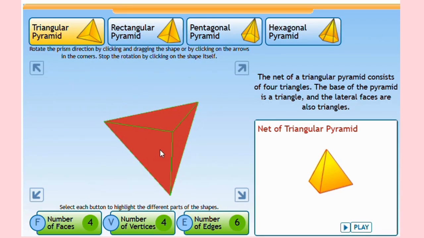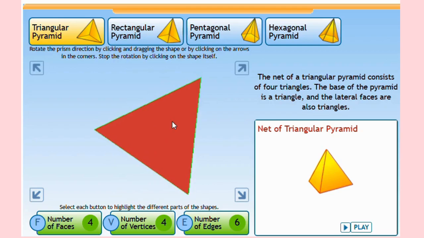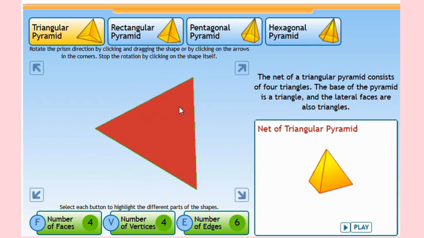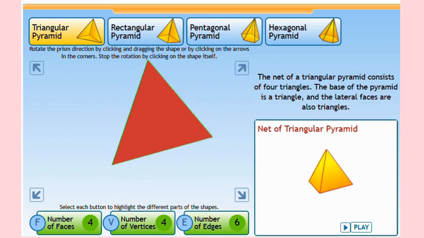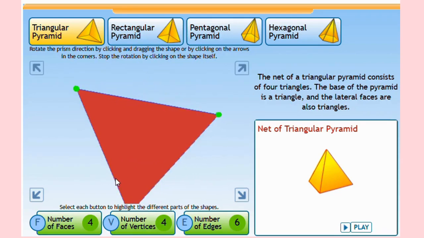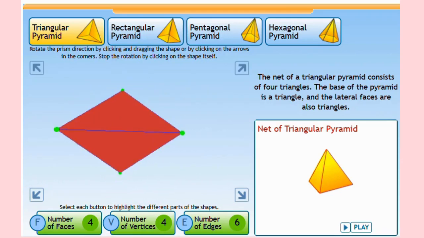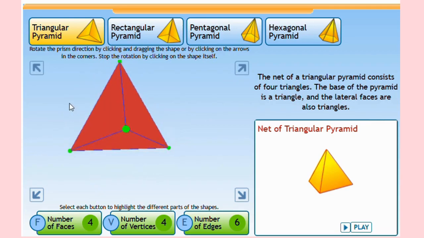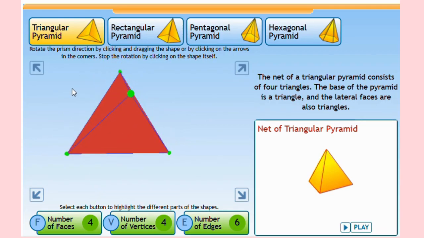So the number of faces will be the one triangle with 1, 2, 3 triangles connecting it to the top, and then the vertices are the 1, 2, 3, 4. So it's the 3 from the one triangle and then where the 3 other triangles connect at the top.